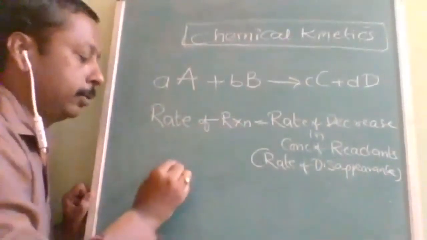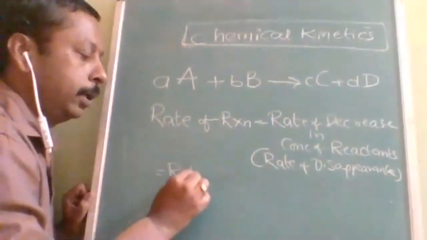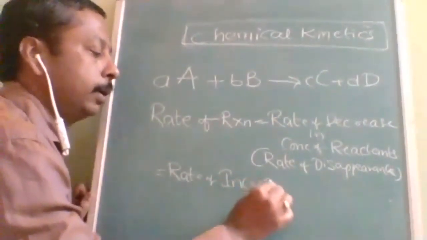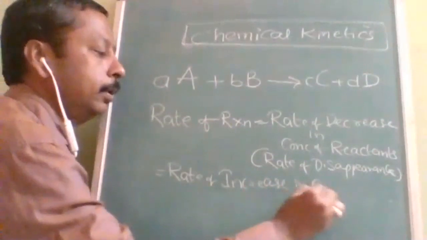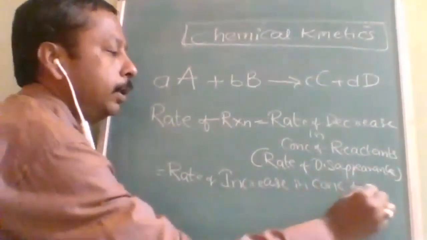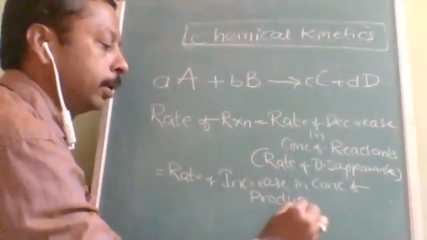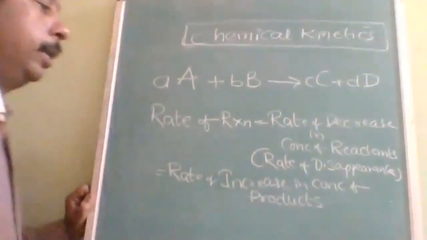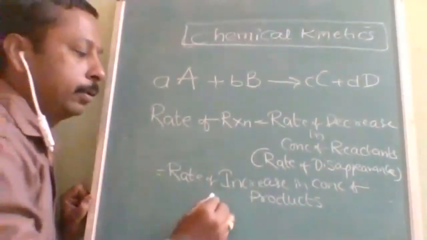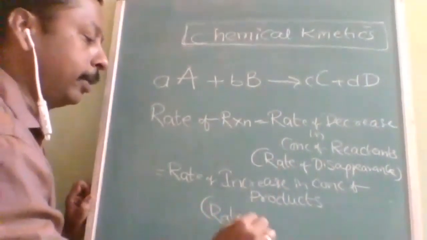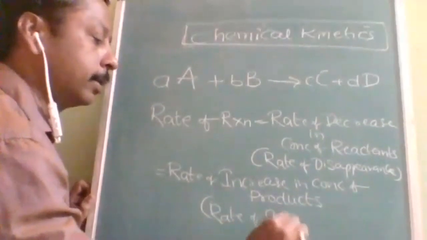In the same way we can also call it the rate of increase. Here it will be the concentration of, in place of the reactant, product. Rate of increase in concentration of product. This is called the rate of appearance.